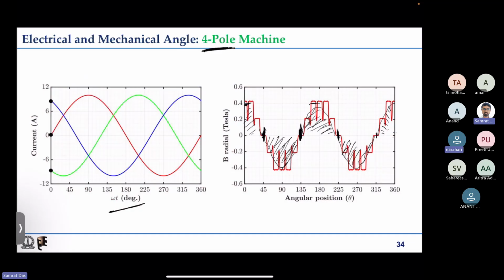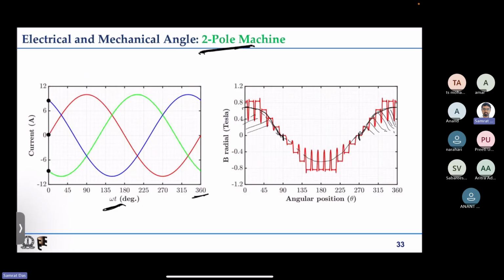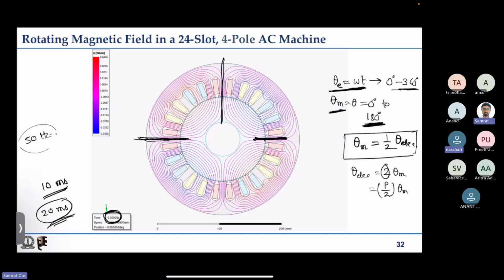In today's class, how will the poles be decided, based on the magnetic field? The number of poles is decided based on the speed you want.